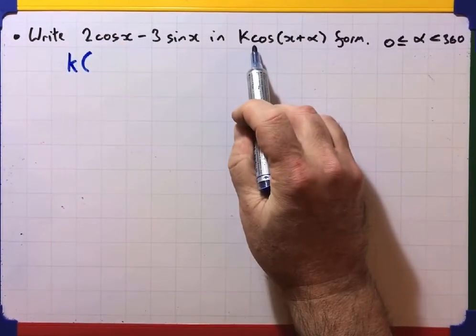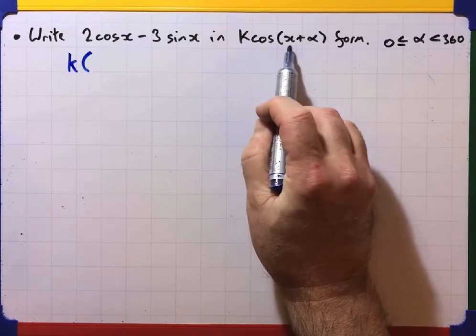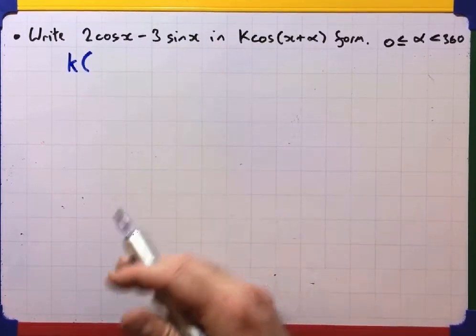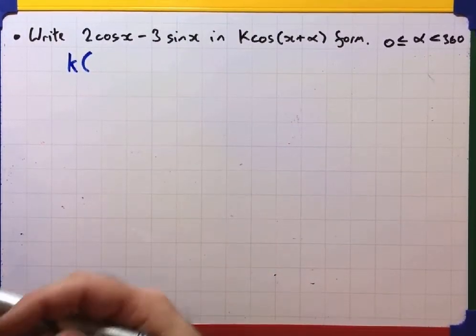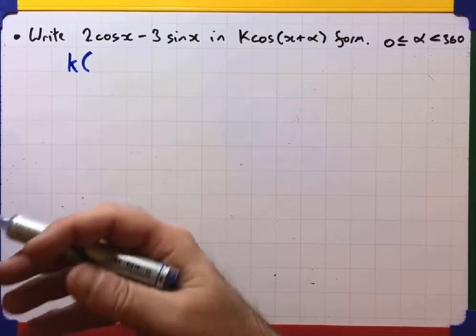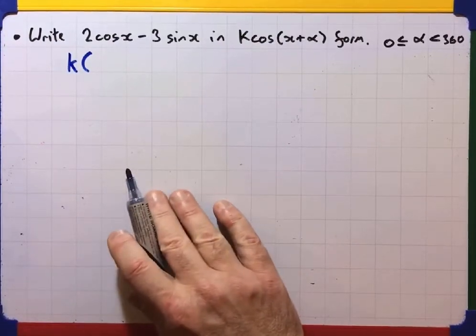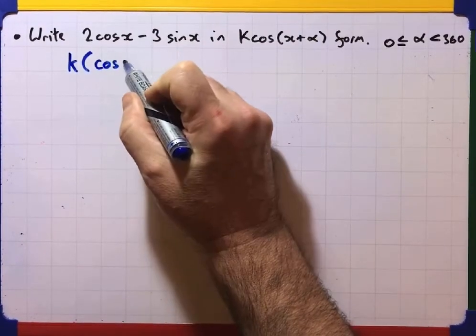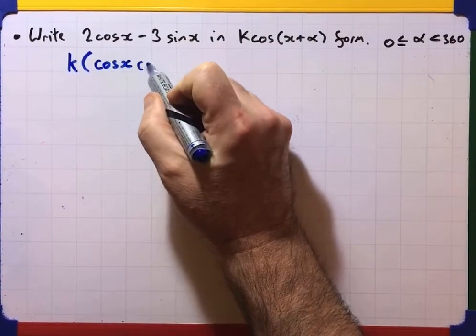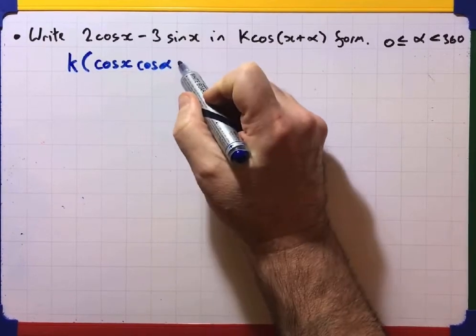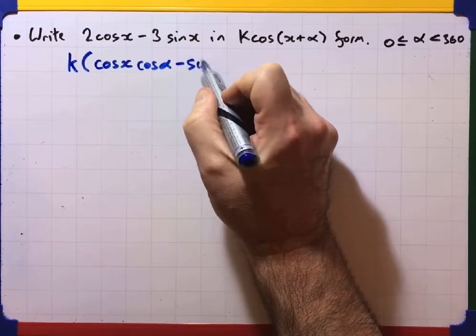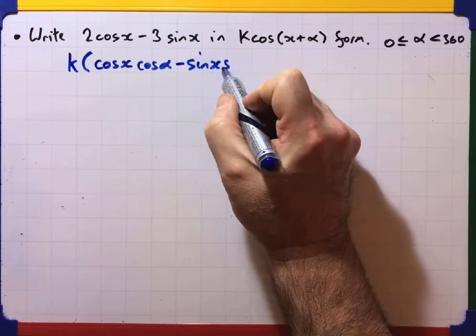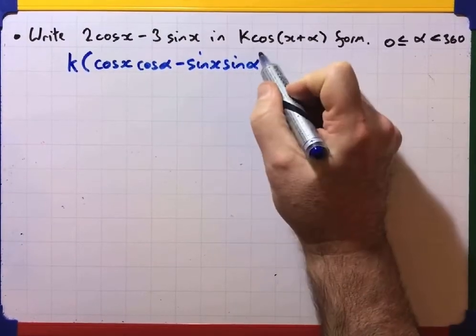If I expand cos(x + alpha), remember it's going to be cos x cos alpha minus sin x sin alpha. That's using our addition formula. So we put that in: cos x cos alpha minus sin x sin alpha.